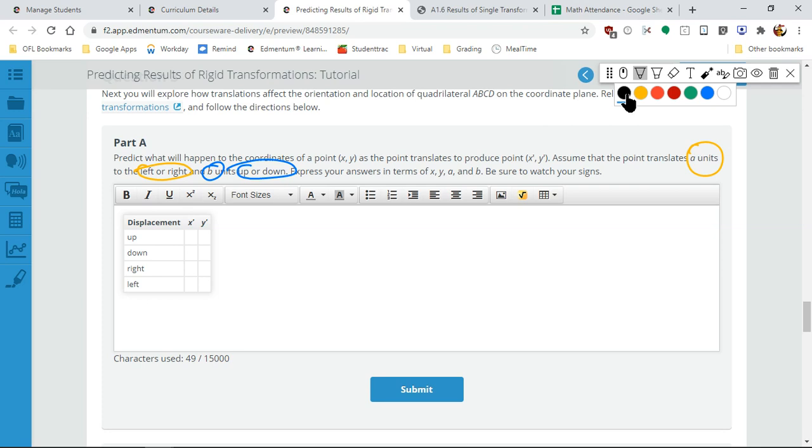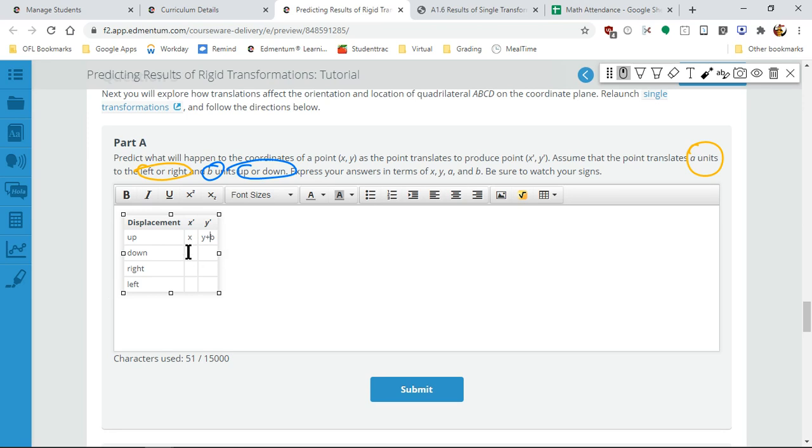So if we're going up, what are we doing? Well, if we're going up, nothing's going to happen to my X. But if I'm going up, my Y is going to add that B coordinate.